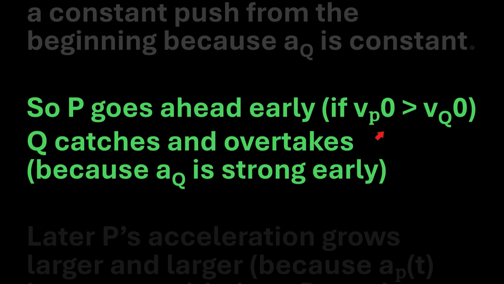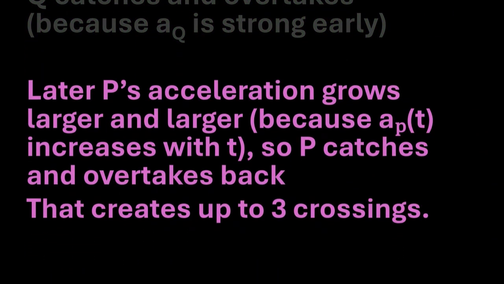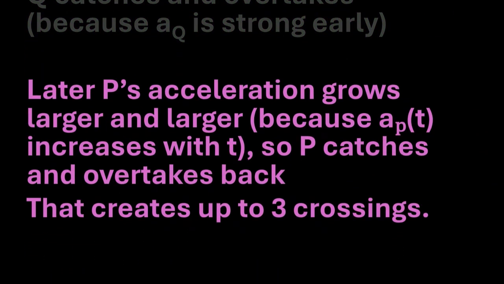Because velocity of P is greater than velocity of Q. Q catches up early, and later when P's acceleration grows larger and larger, because it is a function of time, it increases with t. So P catches Q and overtakes the lead again. That creates up to 3 crossings.